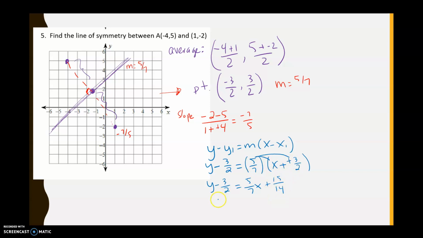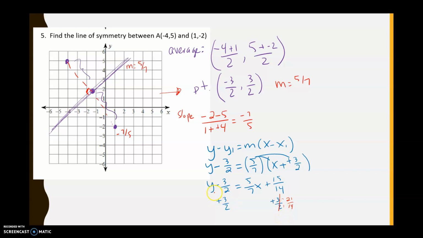And then I'm going to have to add 3/2 to both sides. But I have to have common denominators here. So instead of saying 3/2, I'm going to change this so I have a common denominator. If I multiply it by 7, this is the same thing as saying 21 over 14. If I multiply the top and bottom by 7, I get 21 over 14.